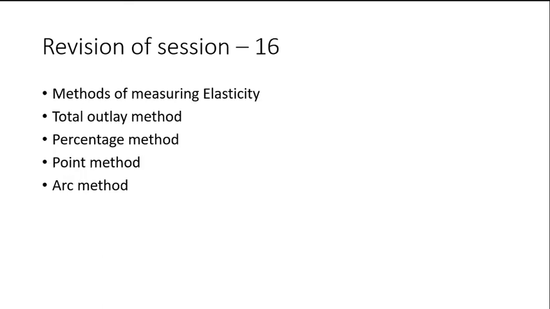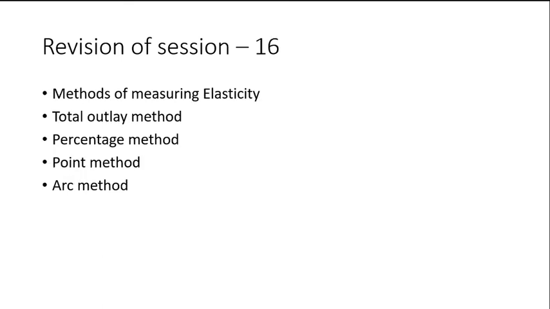Then in the 15th session we have discussed the elasticity of demand, where we have studied how demand changes according to a change in price. When we study demand theory, we study only the negative relation, but the elasticity of demand helps us to study the extent of change, and also the direction or magnitude of change in the variables.